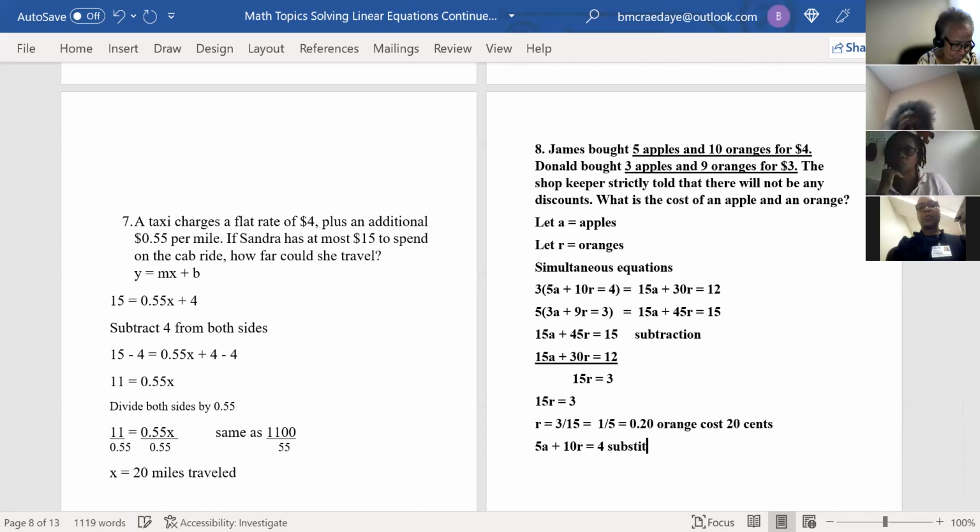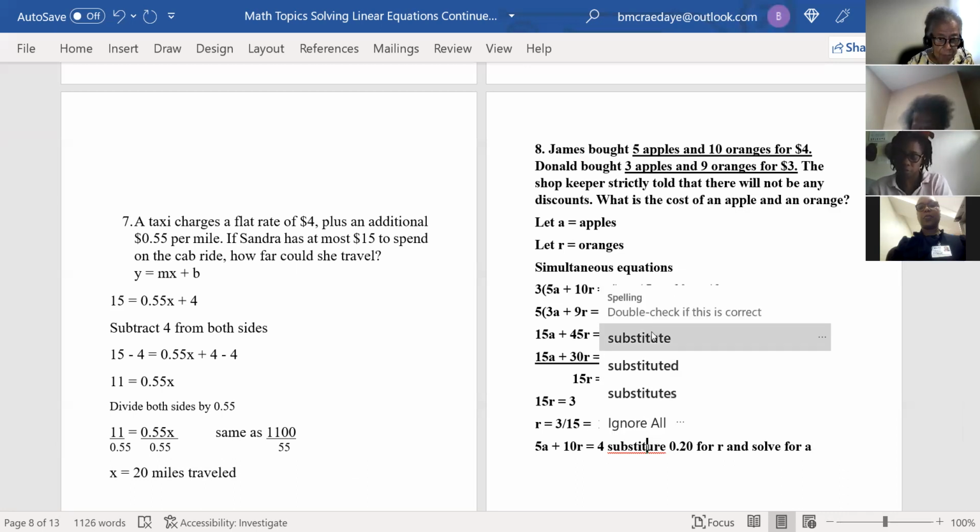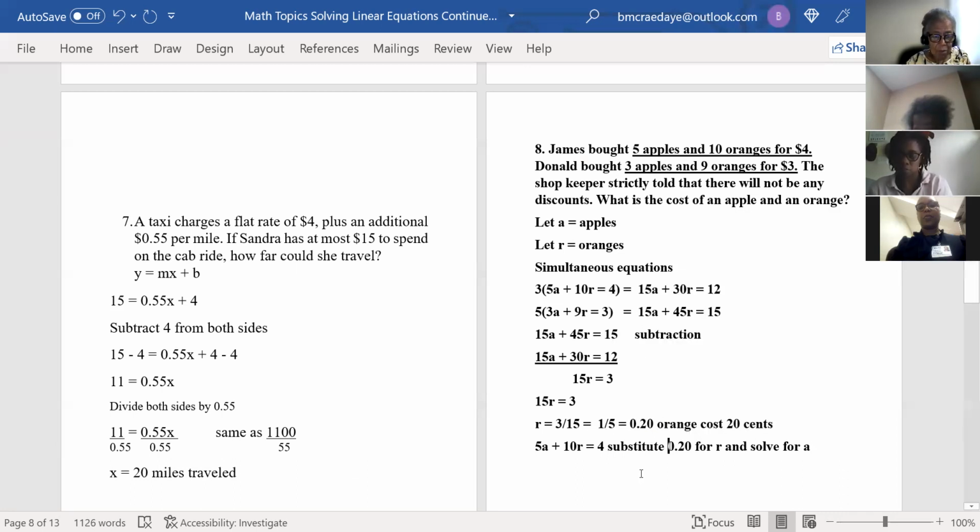Substitute 0.20 for R and solve for A. Tell me what you get for the apple cost.